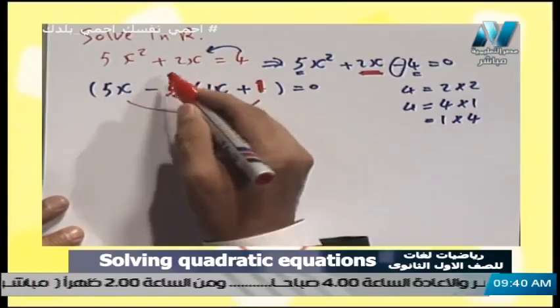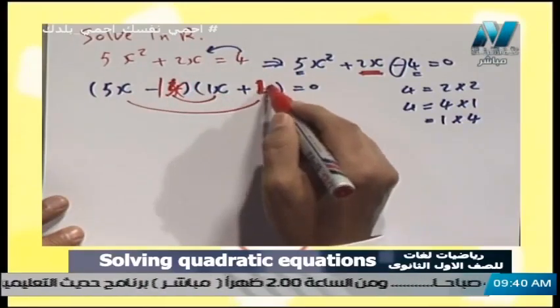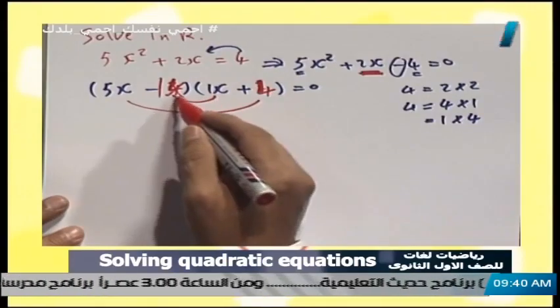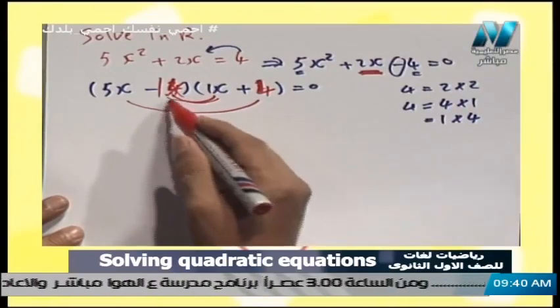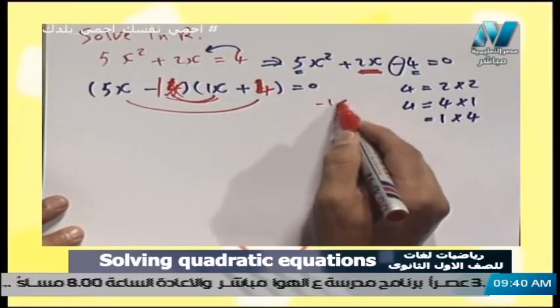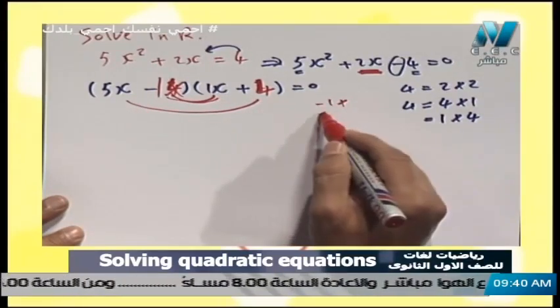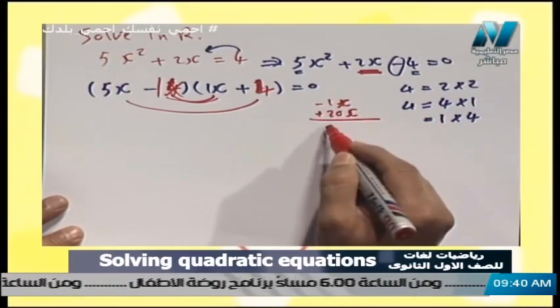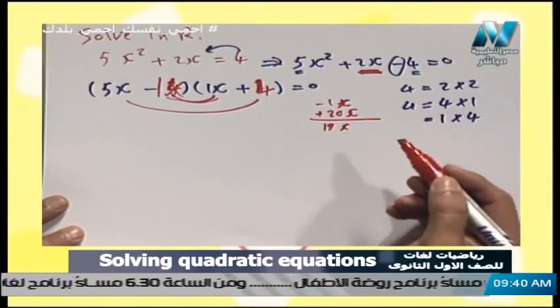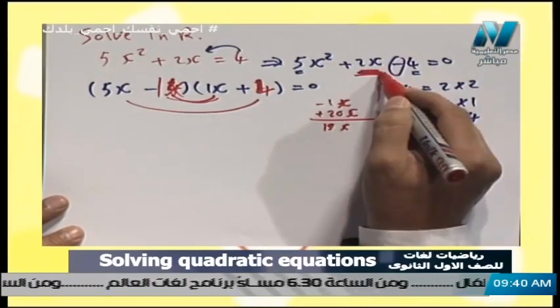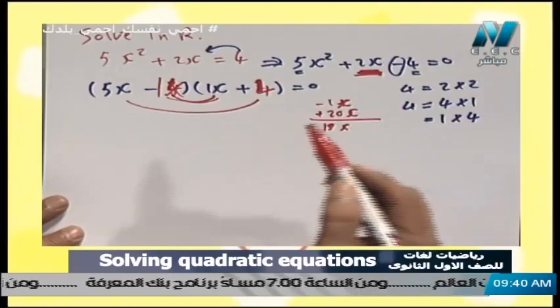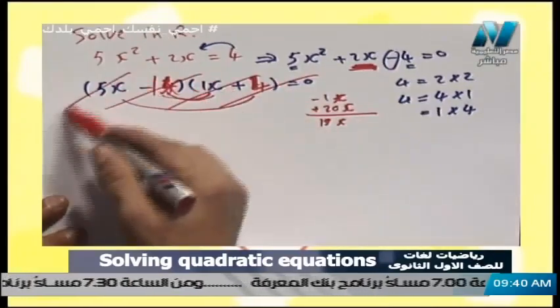If we convert it to be 1 multiplied by 4 and make the same check, negative 1x here, and we have here 20x. The answer will be 19x positive, and this is no answer. So now we are sure that the factorization method fails.